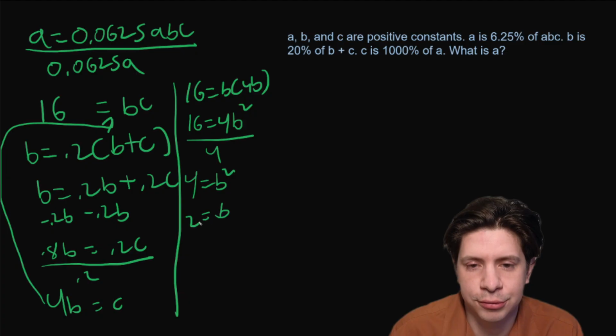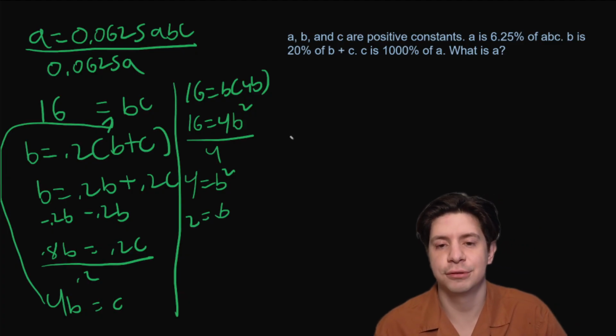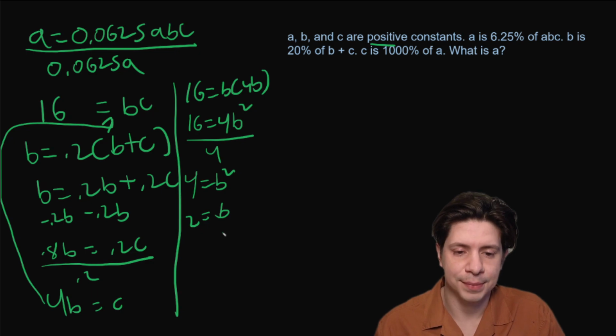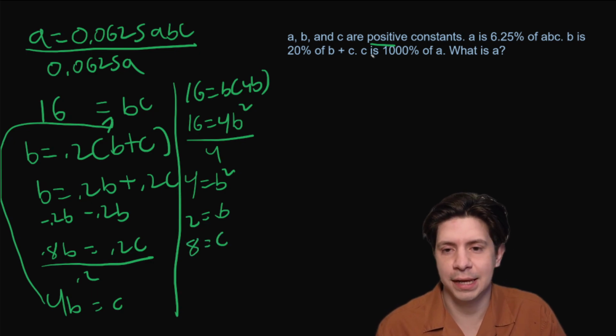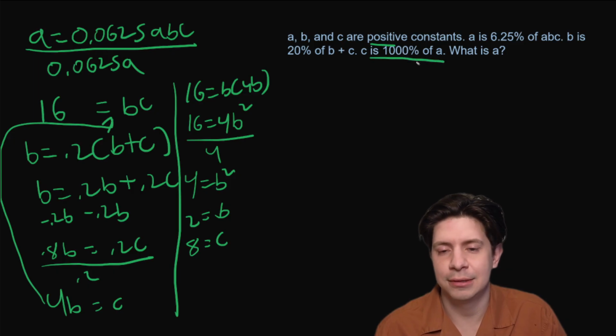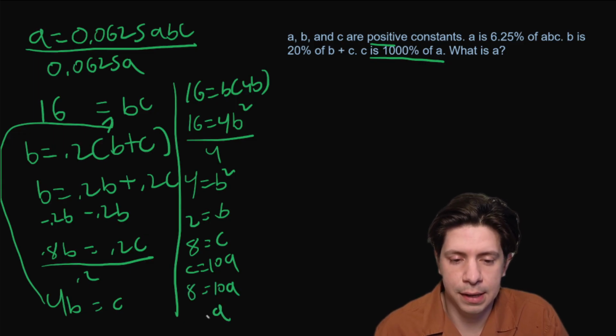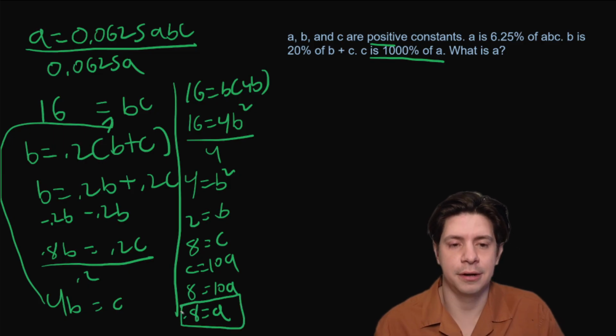B equals 2, and we know it has to be 2, not negative 2, because we're told it's a positive constant. So if B is 2, C equals 8, and if C equals 8, and we're told C is 1,000% of A, right, C equals 10A, 10A equals 8, so A equals 0.8. That's our answer there, okay?